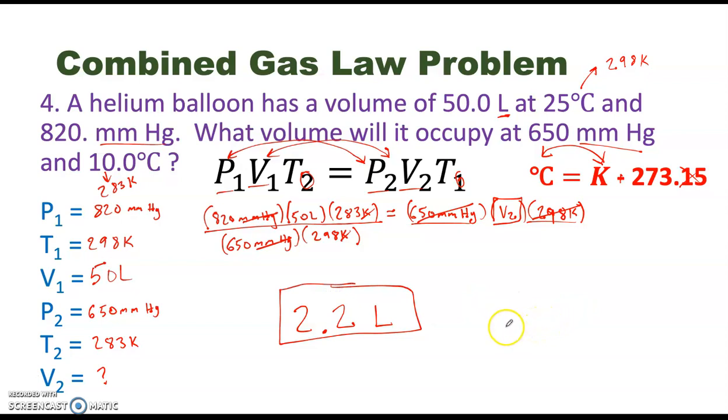So it went way down, which kind of makes sense here. Our temperature decreased. We know that volume decreases with temperature. Our pressure did decrease, which means that should make our volume go up, but the temperature seems to do more there for us.